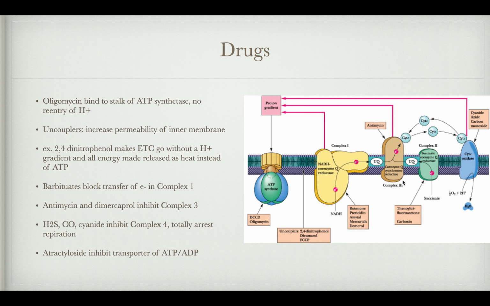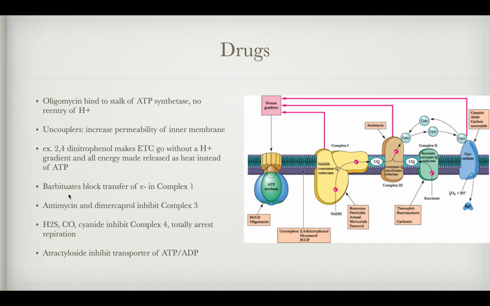A couple of examples are 2,4-dinitrophenol, which will make the electron transport chain go without a gradient, and all the energy made will be released as heat instead of ATP. So this is important in patients that are going through shock. This is when we want them to increase the body heat. This is also important for people who are going into hypothermia.